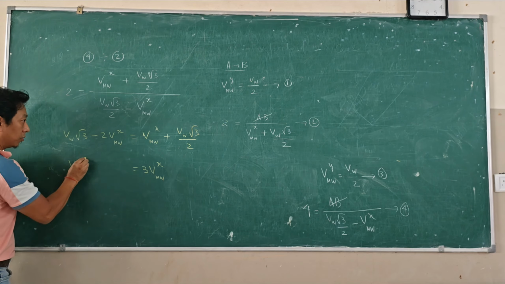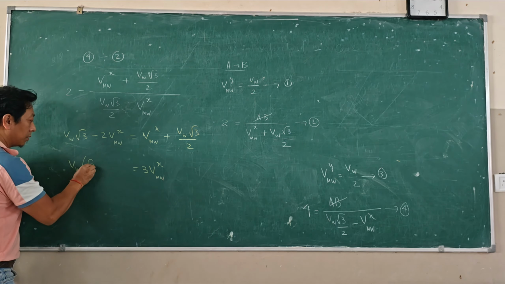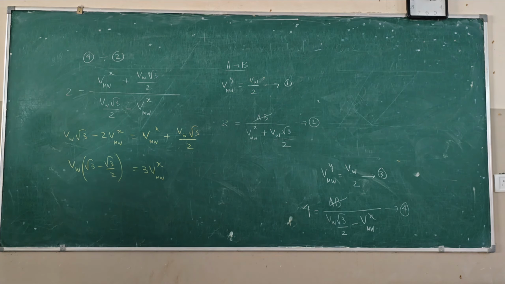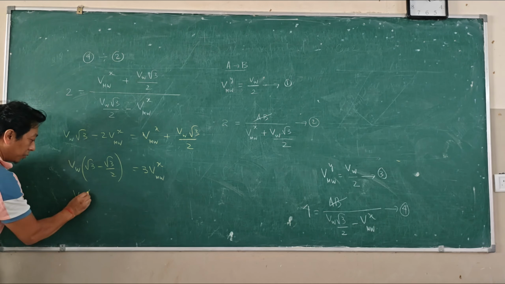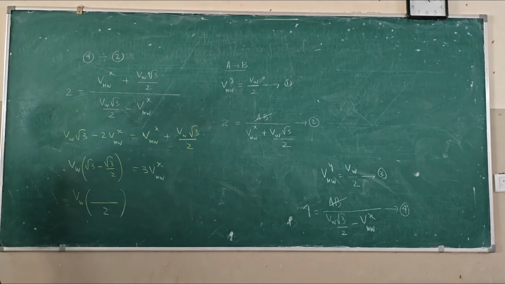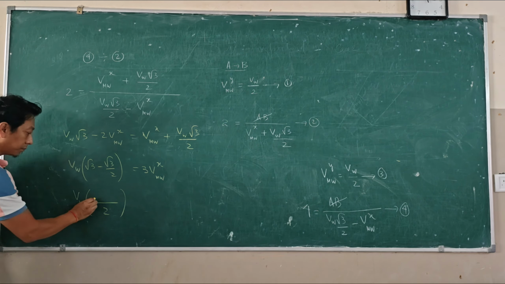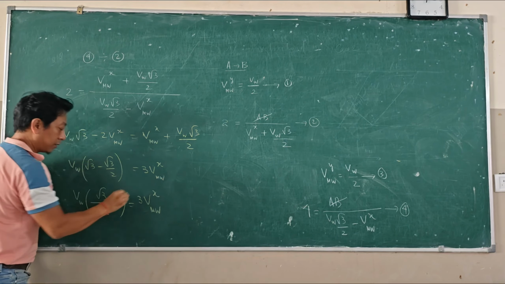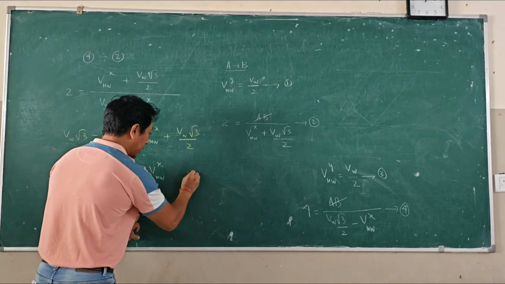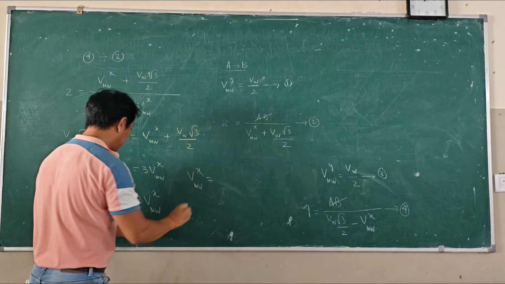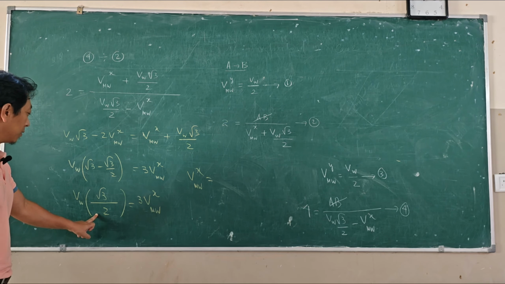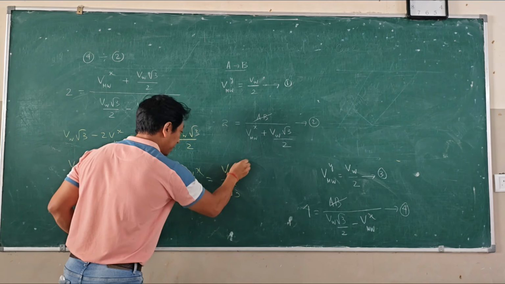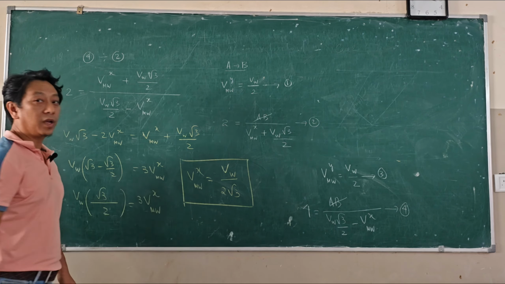You will get VW root 3 minus root 3 by 2, which will be VW 2 root 3 minus root 3, 1 root 3, equals 3 VMW x. So what will be VMW x finally in terms of VW? This 3 you bring here, so 1 by 2 VW 2 root 3. Am I right? So I got VMW x.